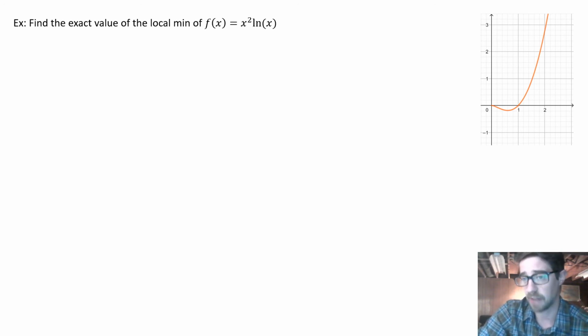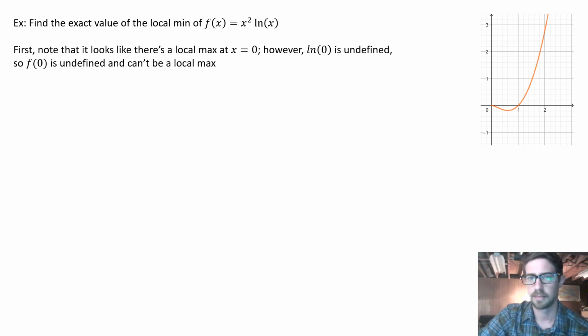So we have to be careful, because even though there looks like there is one there, if it's not in the domain of the function, it doesn't count. So all that is to say, every function is different, and don't just use your eyes, because sometimes they can be deceiving. There's only one extrema of this function, and it's the one between 0 and 1. That spot at the origin doesn't count.